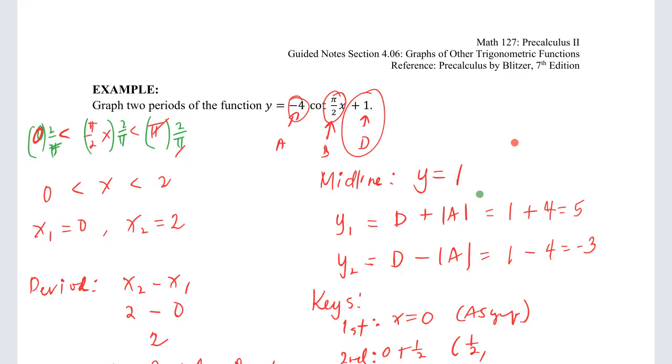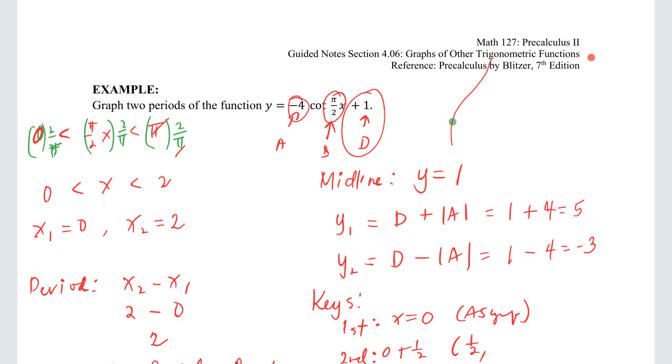Remember, the cotangent is decreasing, as you can see from the parent function. Since the value of A is negative, we are going to reflect that over the x-axis. So instead of decreasing everywhere, it becomes increasing.